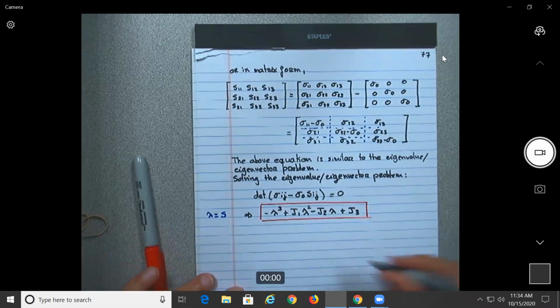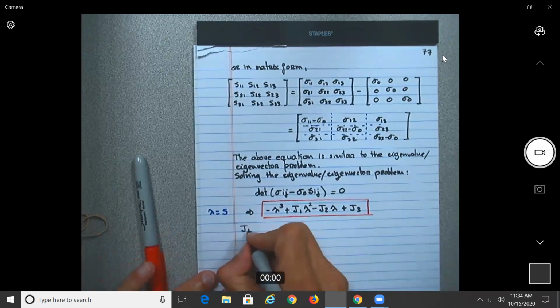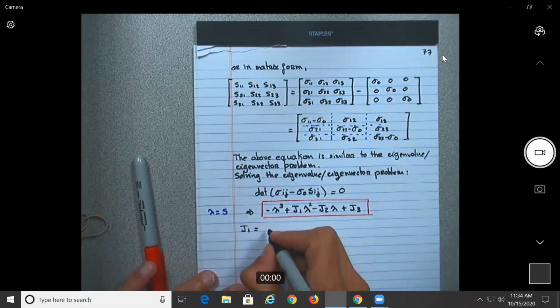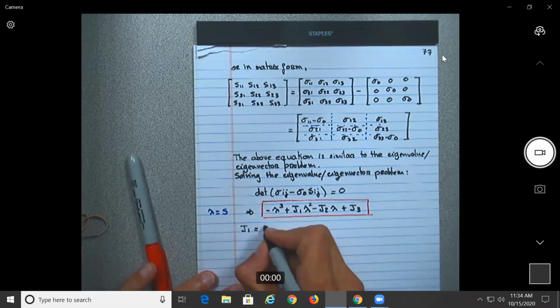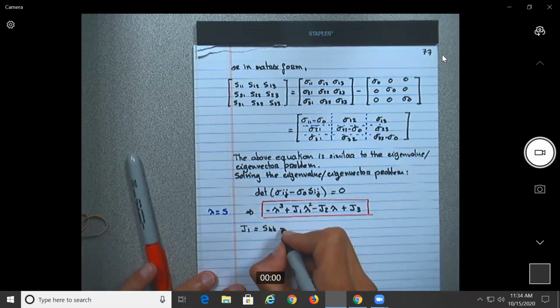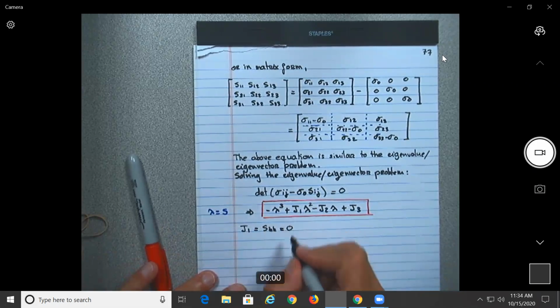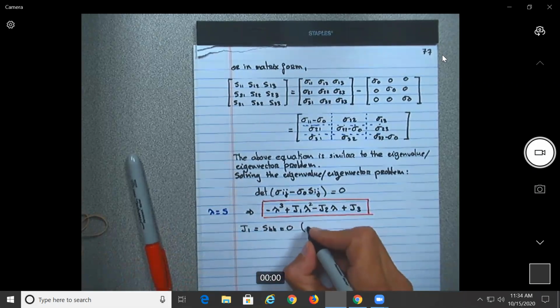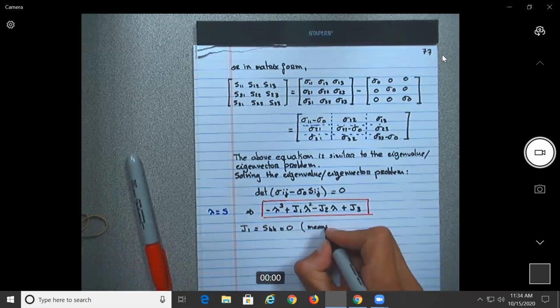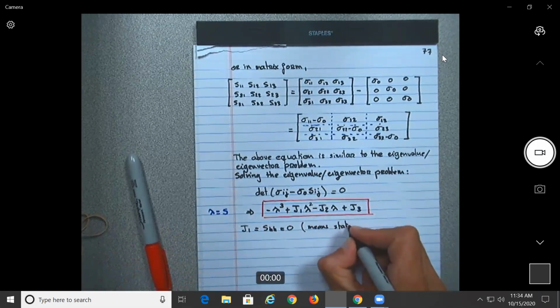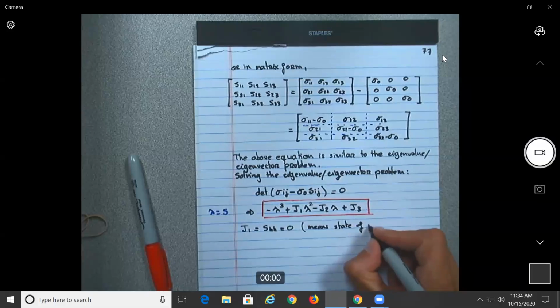Okay, so in this equation, J1 is just equal to Skk, which is 0, which means a state of pure shear.